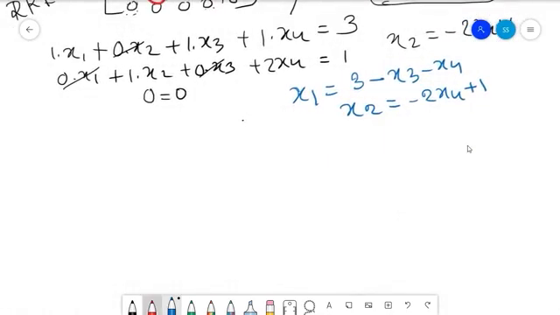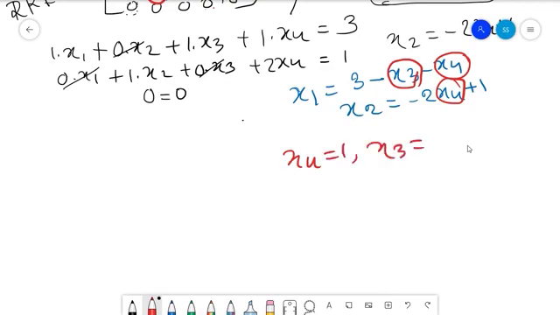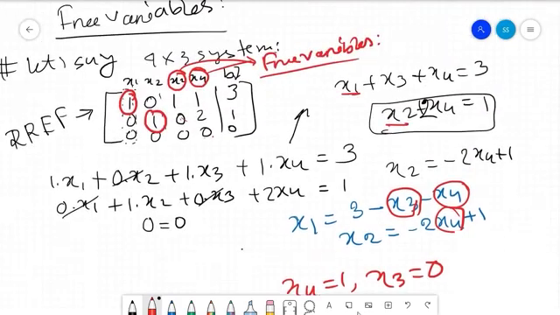For any number, let's say x4 equals 1 and x3 equals 0, you get a set of solutions, and if you change their values you get another set of solutions. So if the system is consistent, then for free variables you have an infinite number of solutions.